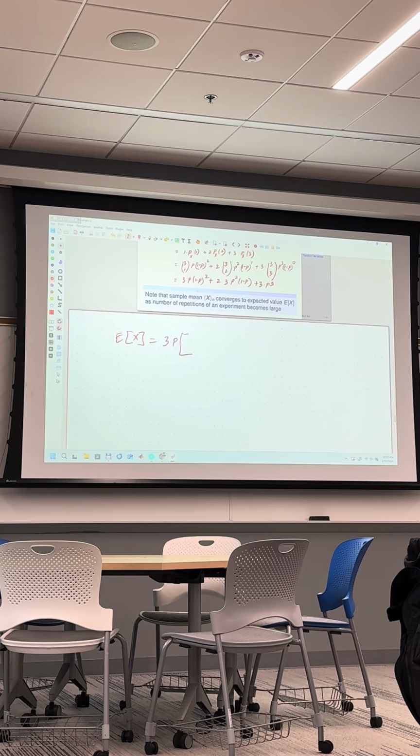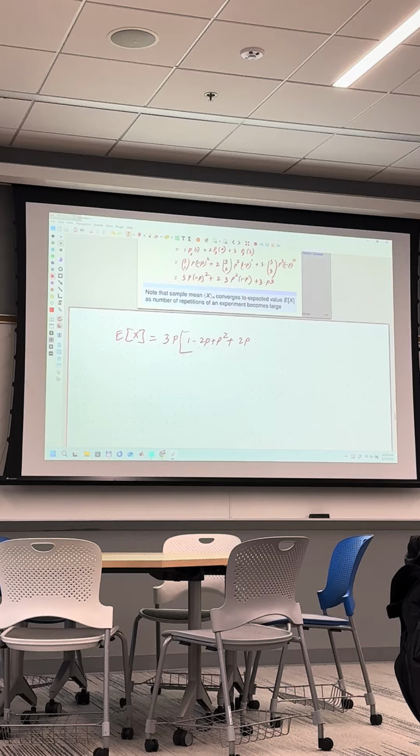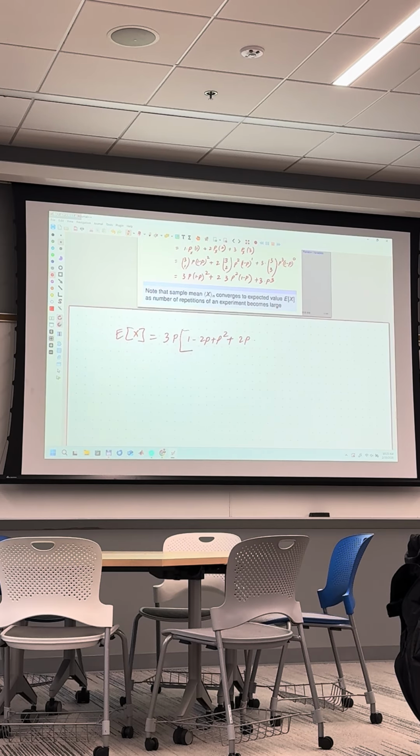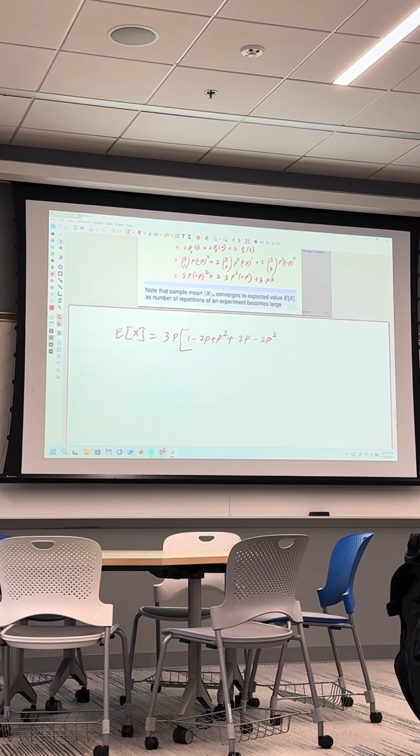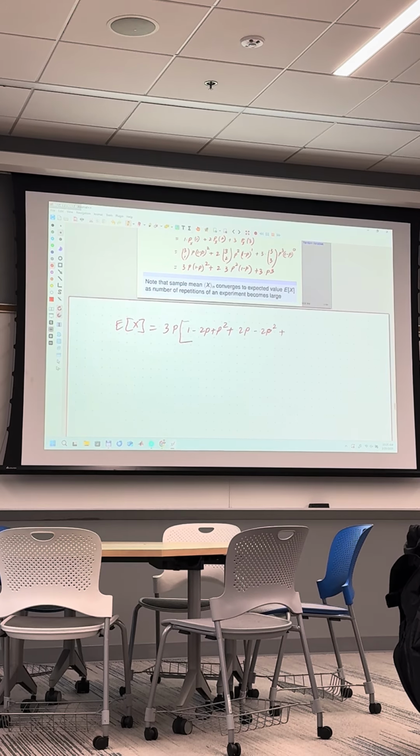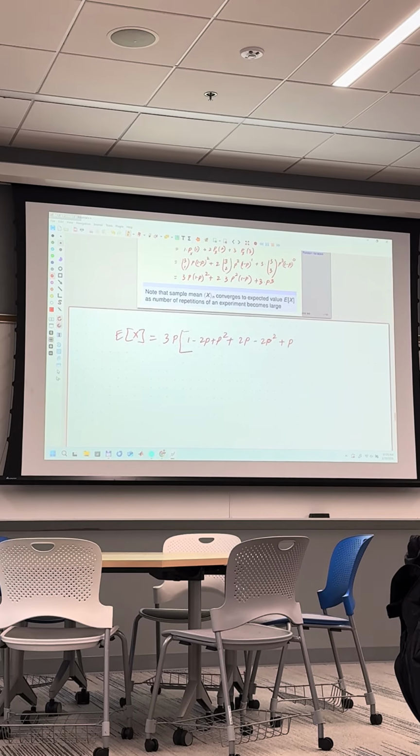You are left with 1 minus p squared, which means 1 minus 2p plus p squared, plus, since you took 3p out, 2p times 1 minus p, which gives 2p minus 2p squared, plus p squared.